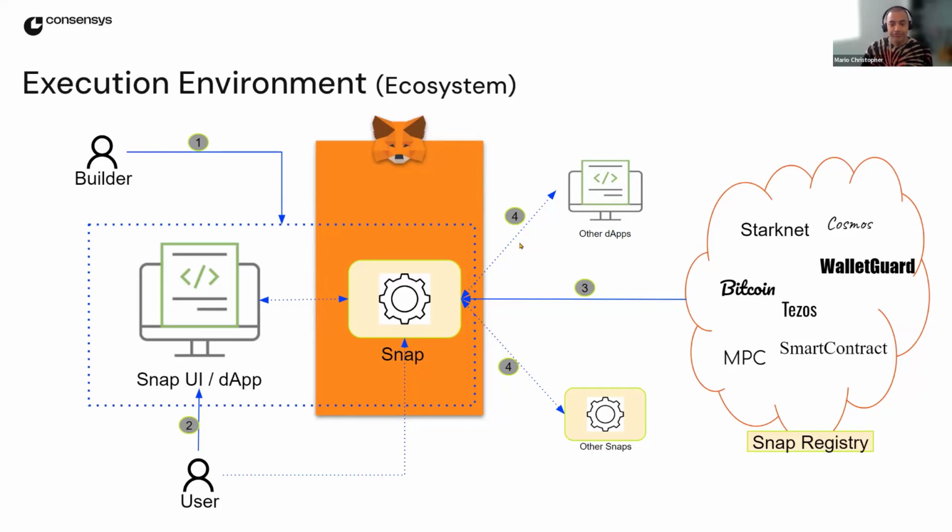And then stage 4 comes into play where other dApps and other snaps look at your snap and say, I want to make use of that. And therefore, they also get involved in the picture. So this whole slide shows the entire ecosystem surrounded by one particular snap and gives you an idea as to where different pieces fit into this snap puzzle that we are working with.